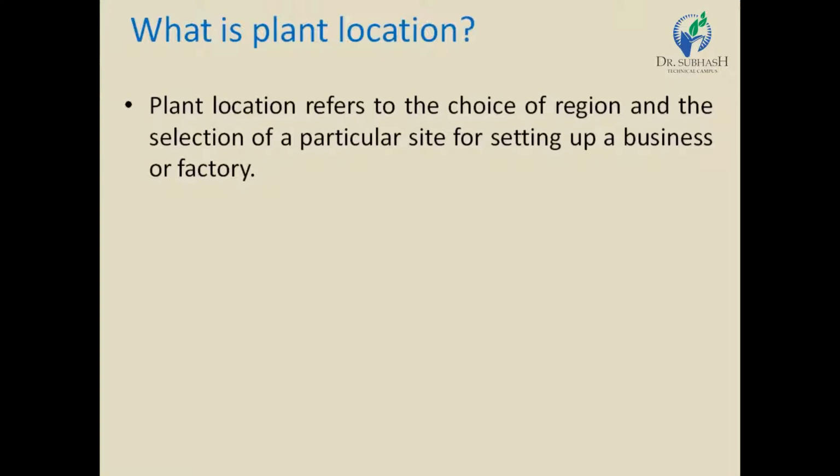As we all know, to establish any plant or any factory, one requires a place or a site for establishing their factory. So it refers to the choice of region and selection of a particular site for setting up a business or factory.